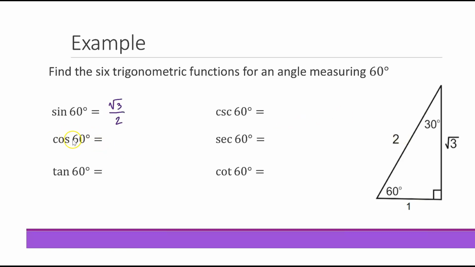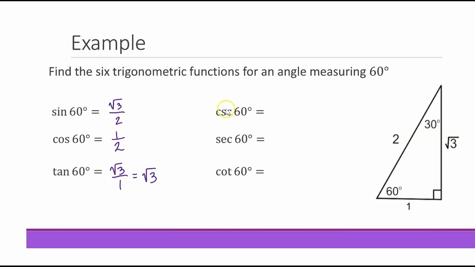To find cosine of 60 degrees, well, cosine is adjacent over hypotenuse. The adjacent side to 60 degrees is 1. The hypotenuse is 2. So I have cosine of 60 degrees is 1/2. And tangent of 60, tangent is opposite over adjacent. So we have opposite of radical 3 over adjacent 1. So radical 3 over 1, that's just radical 3.